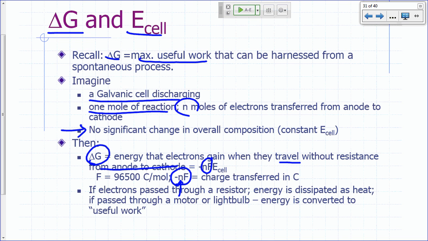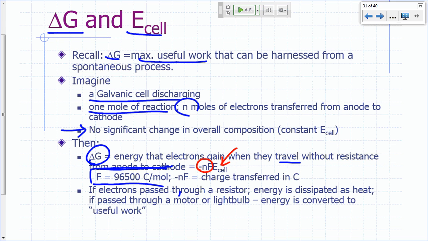Remember, the Faraday constant is a charge per mole, the absolute value of the charge of 1 mole of electrons. Negative F is the actual charge since the electrons are negative. So negative nF right here is the charge of the n moles of electrons transferred.